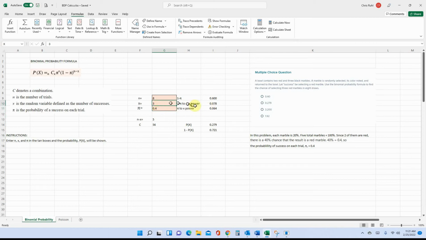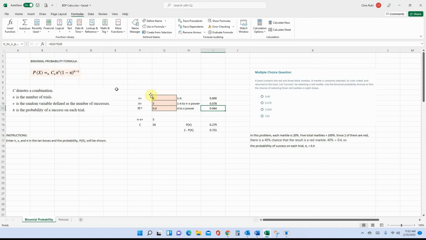So 0.4 cubed, 0.4 times 0.4 times 0.4 is 0.064. All right, so that's that middle part. Now, on the right here, we have 1 minus pi, which is given right here. Pi is 0.4, so 1 minus pi is 0.6. Because if you add up 0.4 and 0.6, you get 1. So that's this middle part.